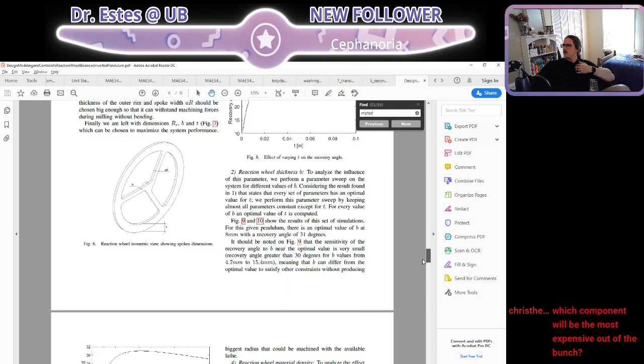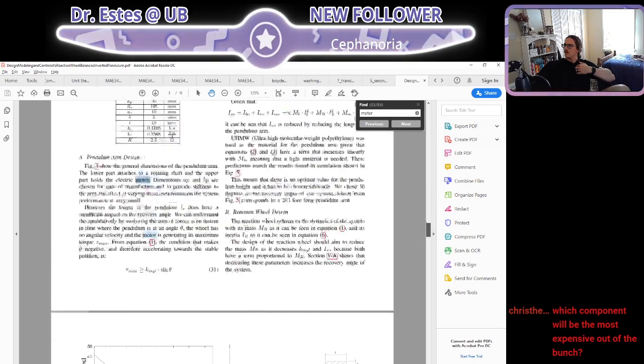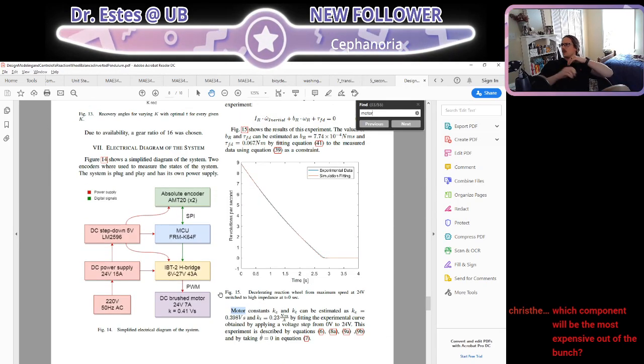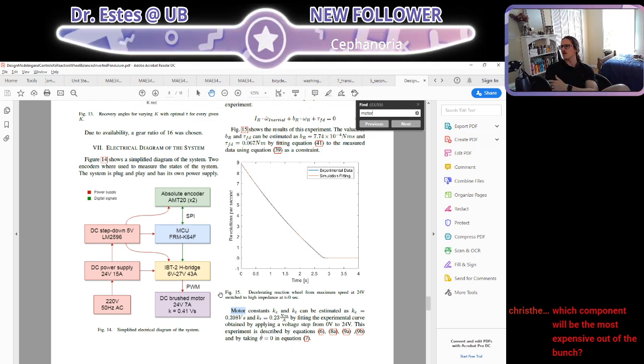Which component will be the most expensive out of the bunch? I think the motor will probably be $30 or something.